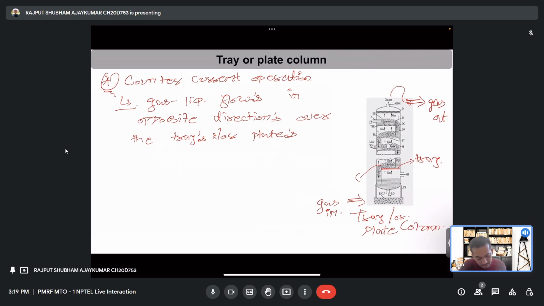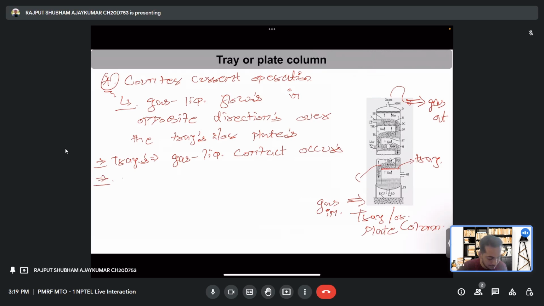So a tray tower primarily consists of a vertical cylindrical shell of a tower. So it's a vertically cylindrical tower in which there are different stages of trays, and the number of trays will also be specific to the type of operations we are going to do. So the trays are the plates on which the gas liquid contact occurs, and the arrangement for the flow of liquid from the top to the bottom is through the downcomer.